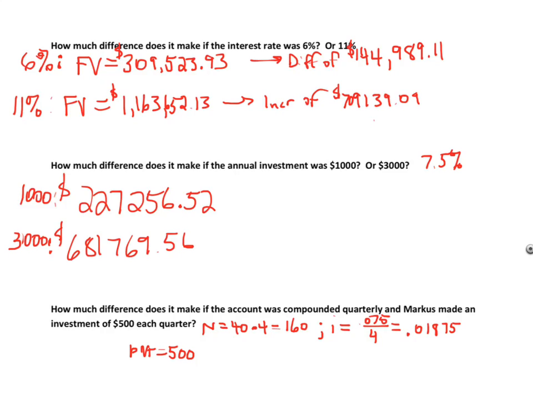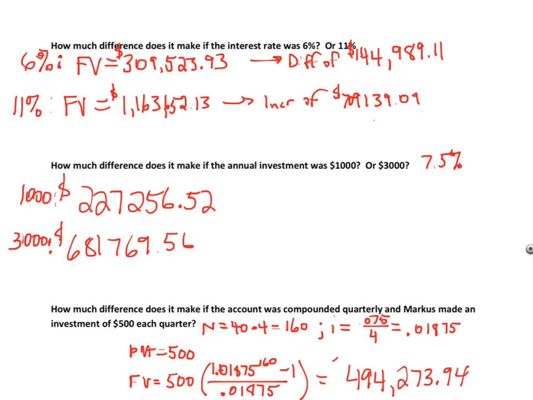Our payment now is $500, so the future value, plugging everything in, would look like this. 500 times the quantity 1.01875 to the 160th minus 1 over 0.01875. Drum roll please. What you end up with is $494,273.74.